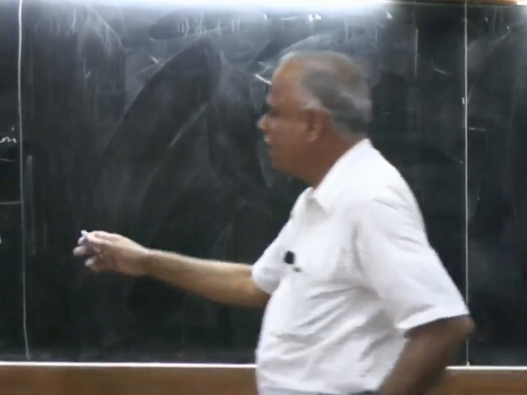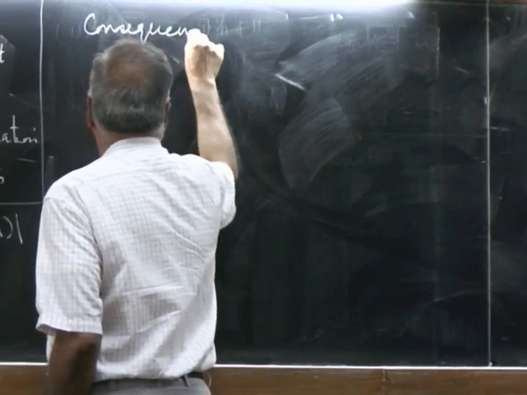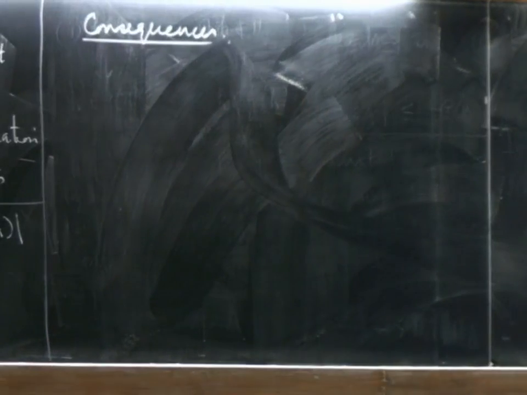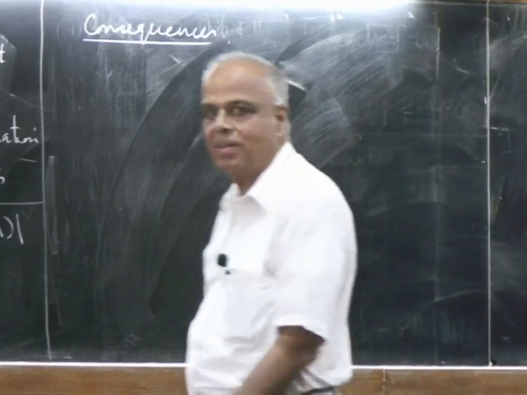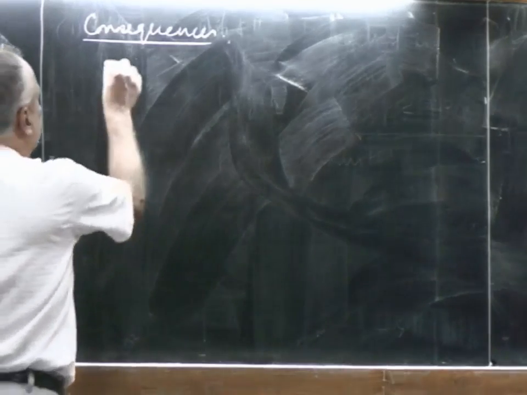Now, let us see what are the consequences of such a thing. So, now we have seen that the power set is always more powerful than the set itself. Its size, its cardinal power is much more. Okay. Now, what happens?